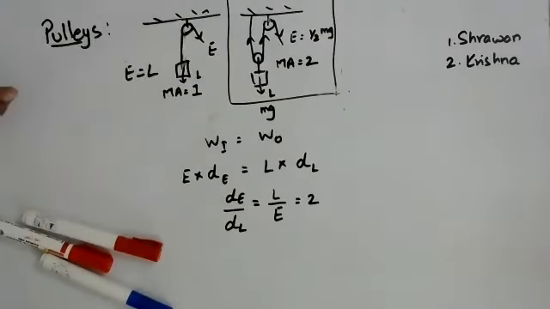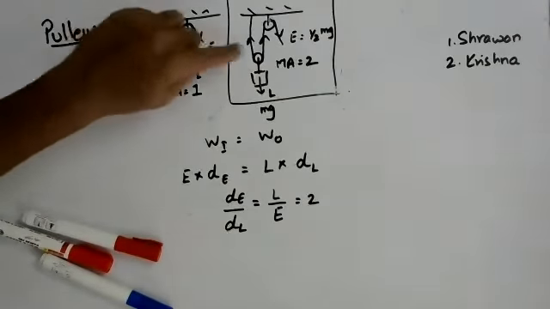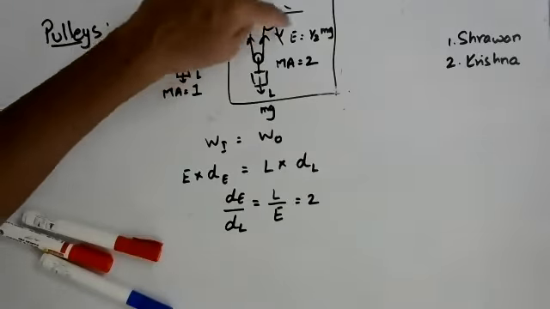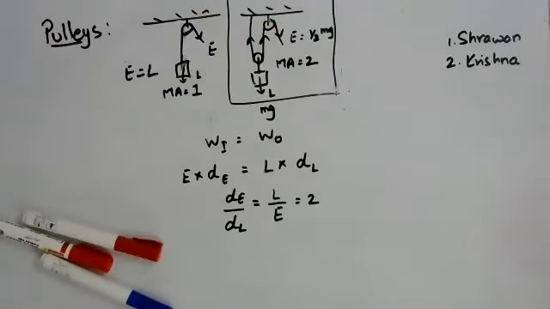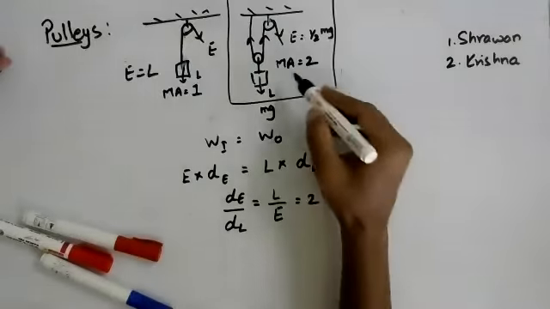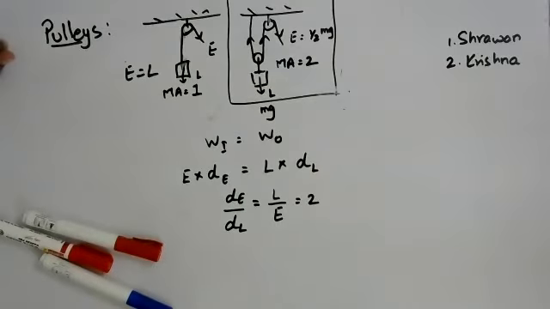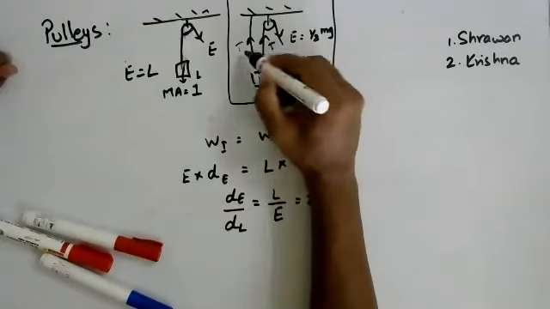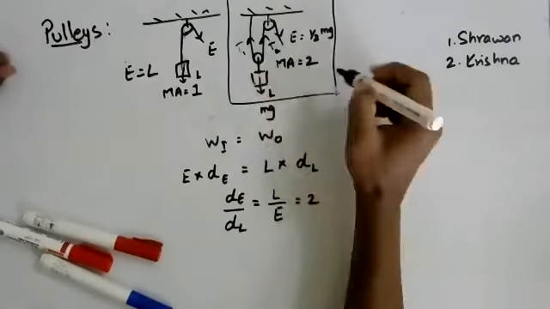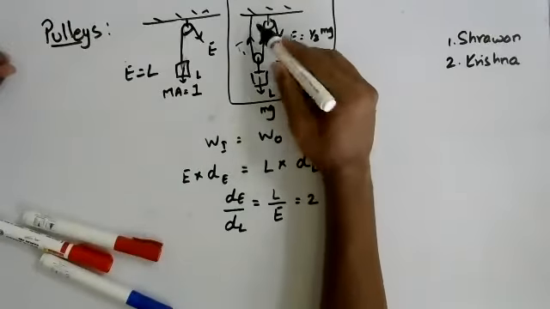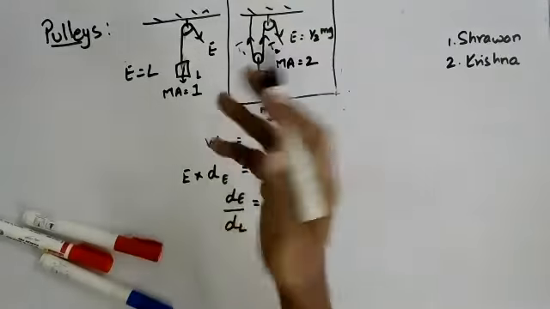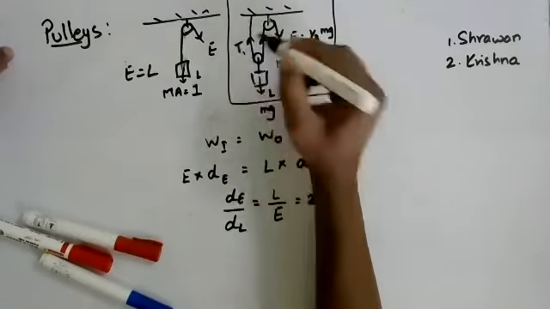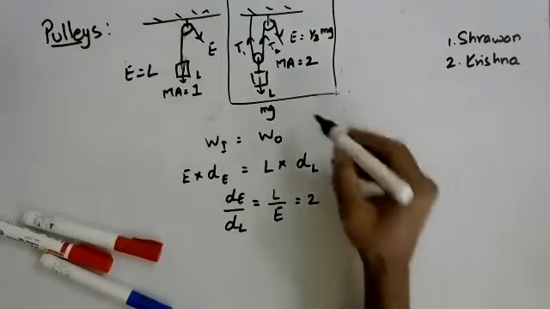Then we looked at the single movable pulley along with a fixed pulley, only to change the direction in which you are applying the force, has a mechanical advantage of 2. We have discussed this in the previous class. Why is it so? Because there are two tensions in the two ropes that are supporting it, and because these two ropes are ideally parallel to one another, therefore T1 should be equal to T2, therefore they have to be half of mg.